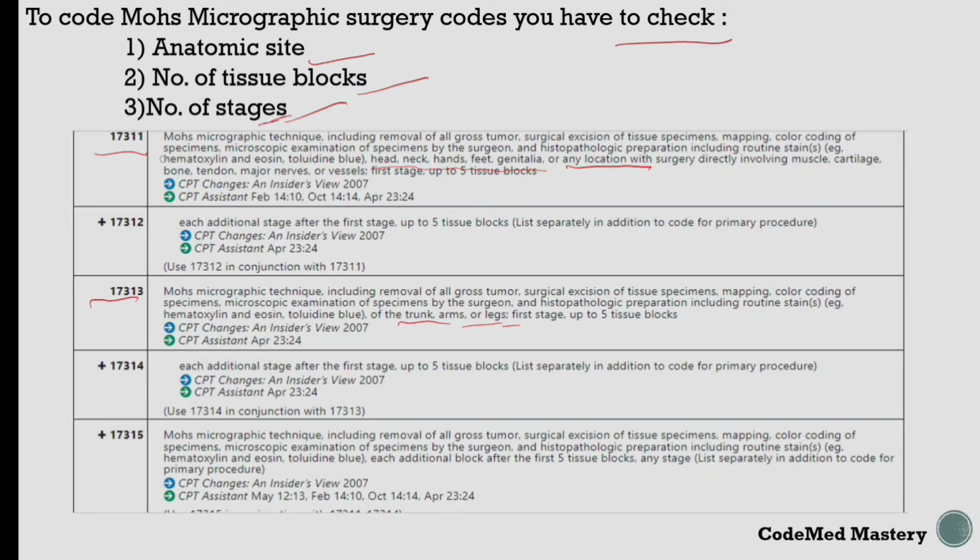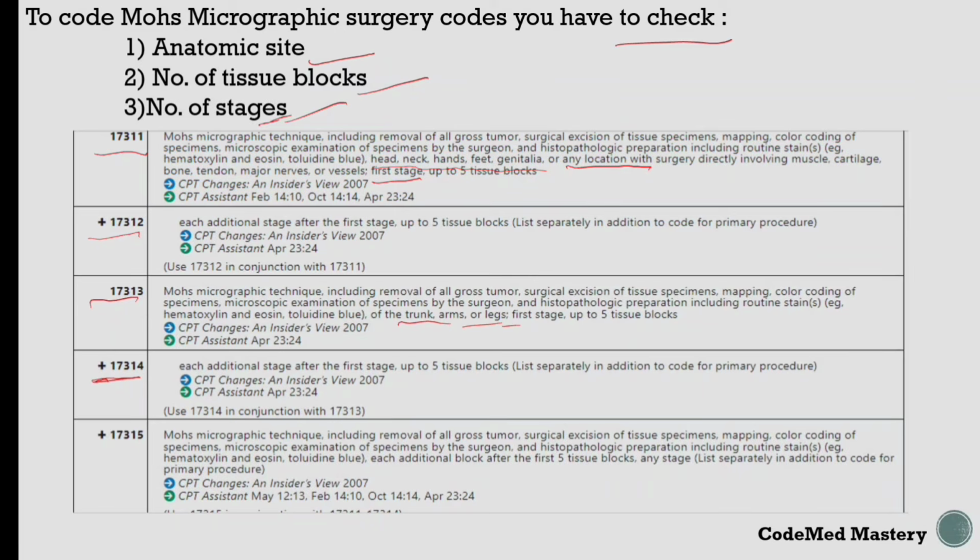So 17311 is for these anatomic locations, that is, the first stage. And each additional stage you have to code with this code, 17312. And 17314 is the each additional stage code for 17313, that is, for all these anatomic locations. The additional code for the next stage is 17314. So codes 17312 and 17314 are for additional stages.